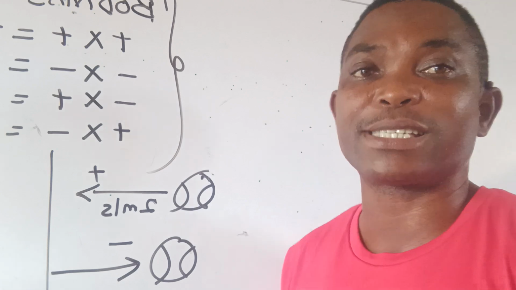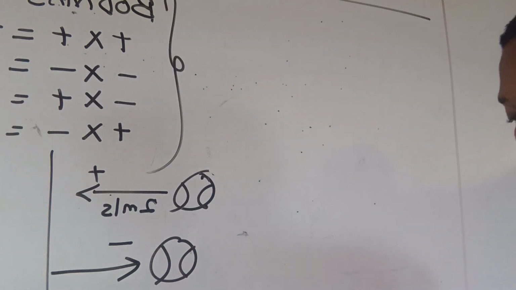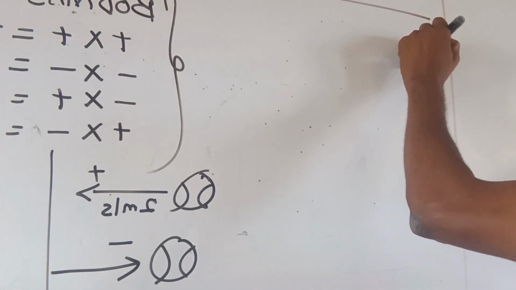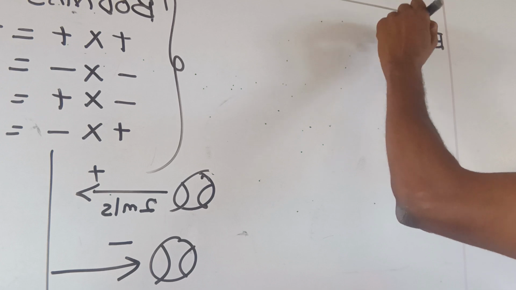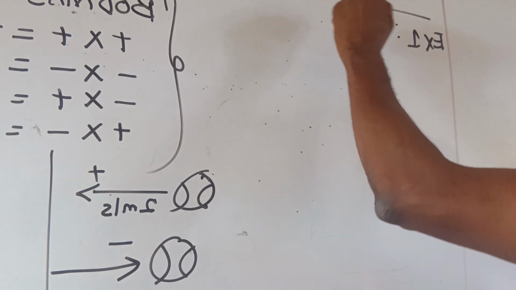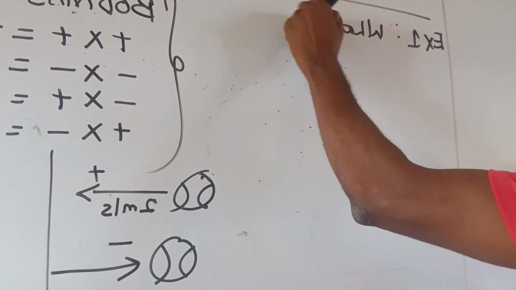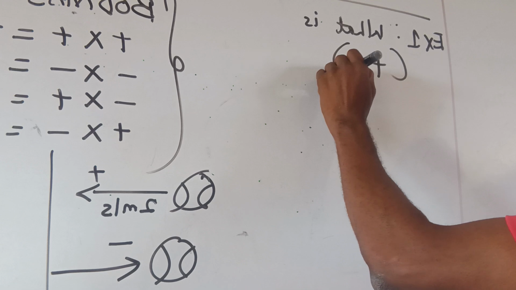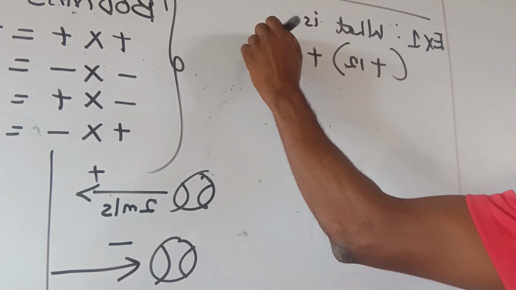Let's look at the first example from the study material. Example 1. What is plus 12 plus into bracket minus 5?